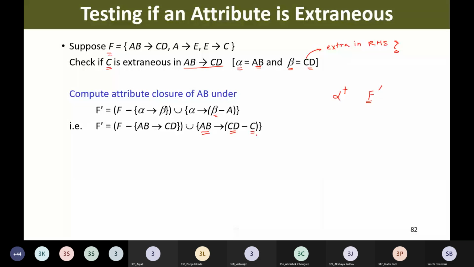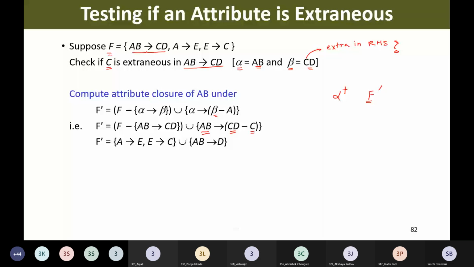What does this mean? This is my F. So, simply I am removing this AB to CD from this F. So, I will come up with A to E, E to C, union AB to CD minus C. So, I am omitting this C from this right hand side, CD.